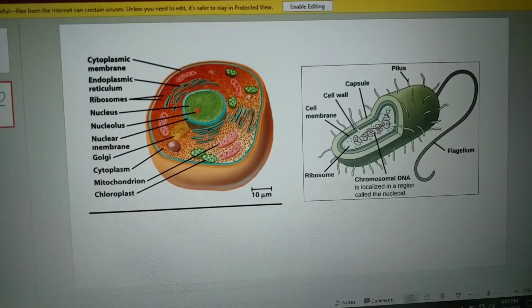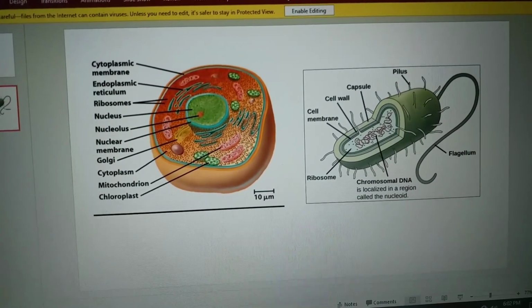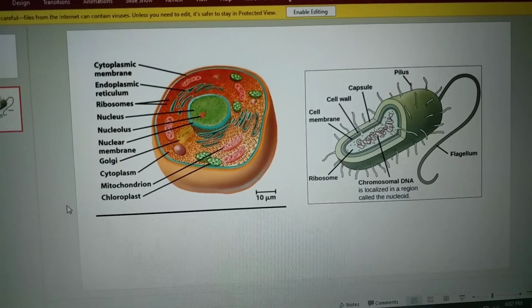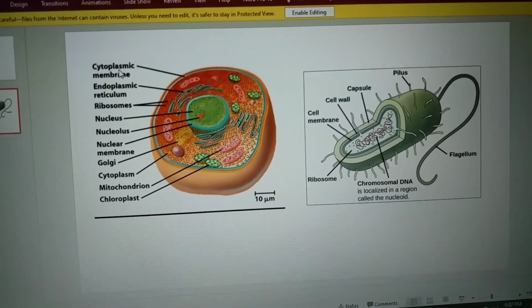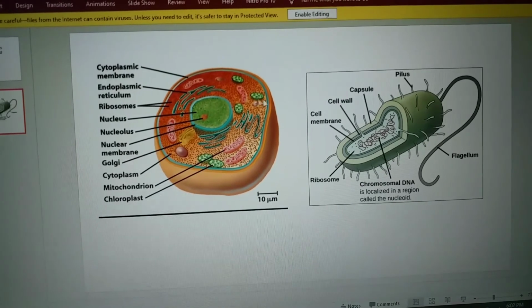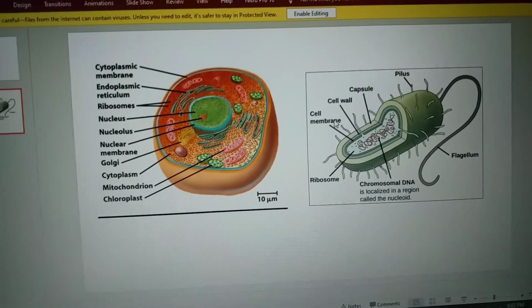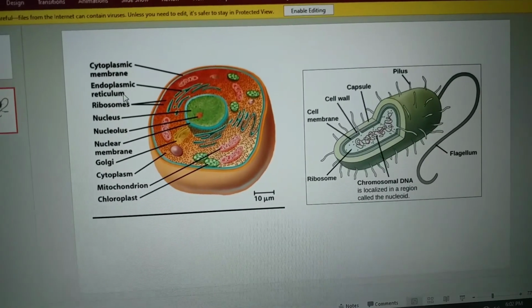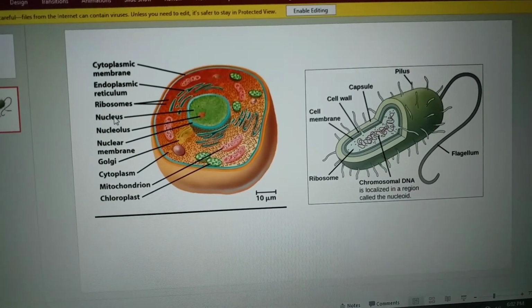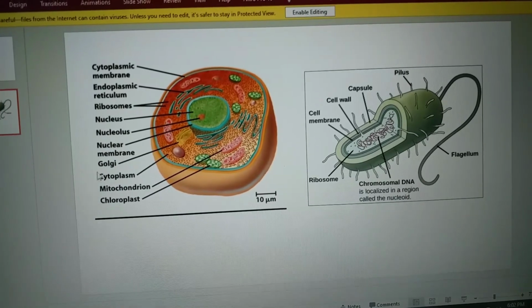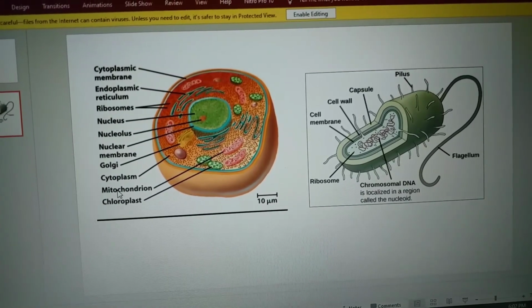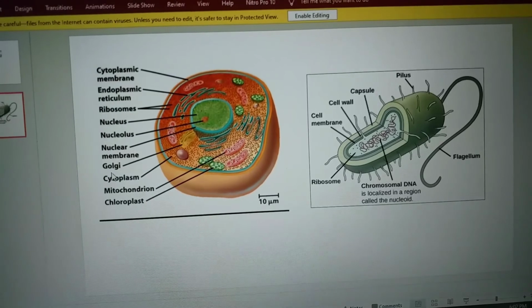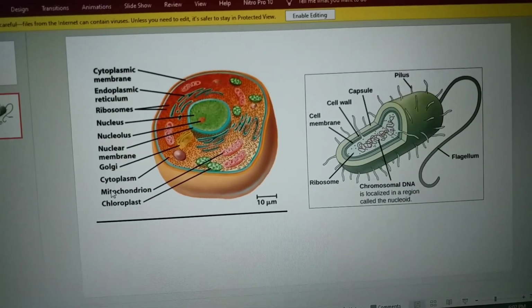Overall, as you notice, there are some structures here in eukaryotics that the prokaryotics do not have, like the cytoplasmic membrane, the nucleolus and the nucleus, the nuclear membrane, the mitochondrion, and the cytoplasm.